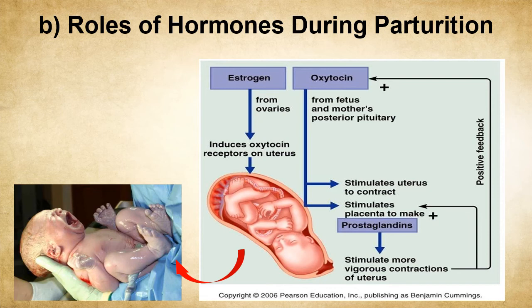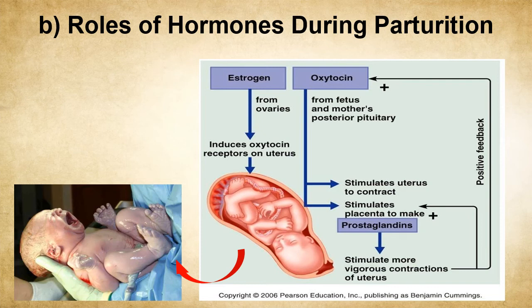Then oxytocin from the fetus and the mother's posterior pituitary will be released and stimulate the uterus to contract. Oxytocin also stimulates the placenta to make prostaglandins, and prostaglandins will stimulate more vigorous contractions of the uterus.